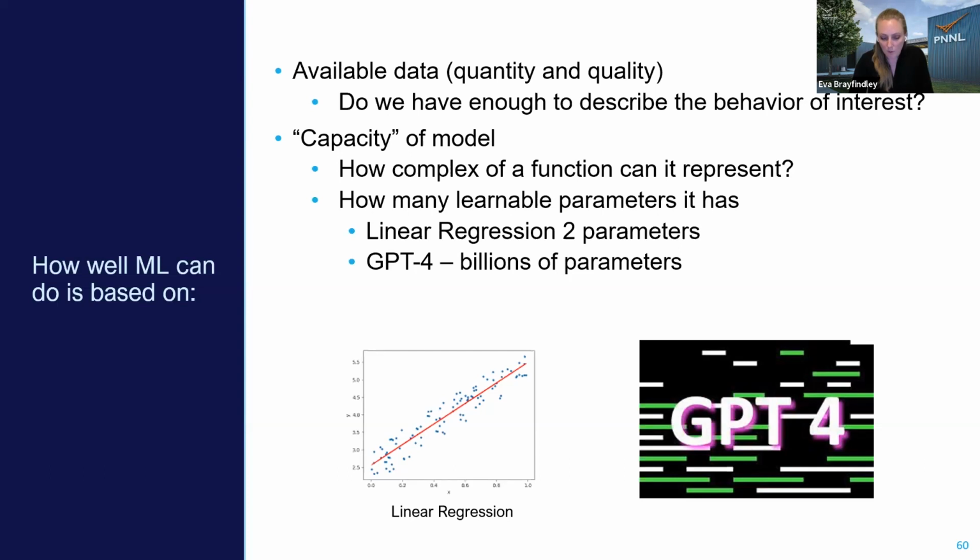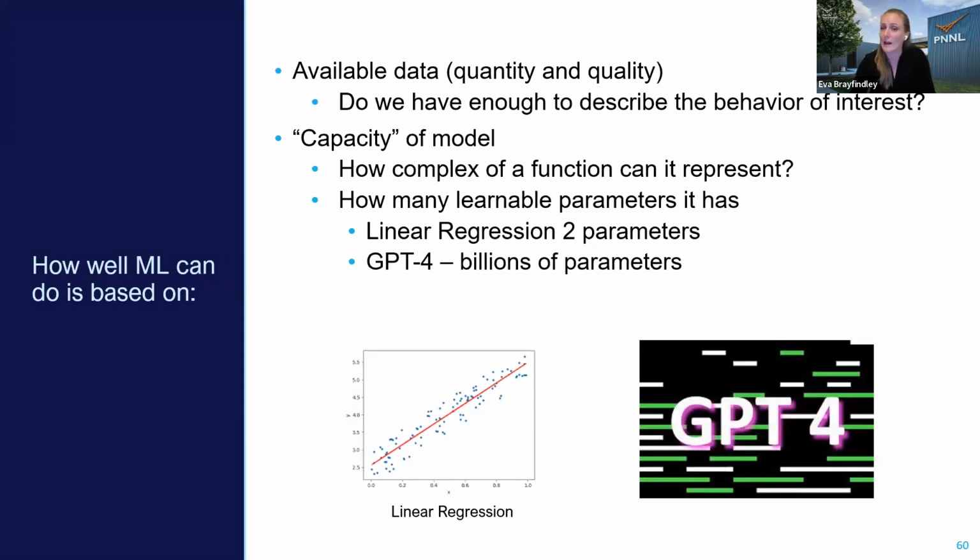When we talk about model selection, it's not just a function of the available data, the quantity and quality, but the model that you want to use also has some inherent capacity. So things like linear regression, where you try to draw a line through some data, is a lot less complex than some of the big deep learning things you see in the news, like ChatGPT, right? When you're talking about linear regression, you have a line, you have the slope and the intercept, and those are your parameters.